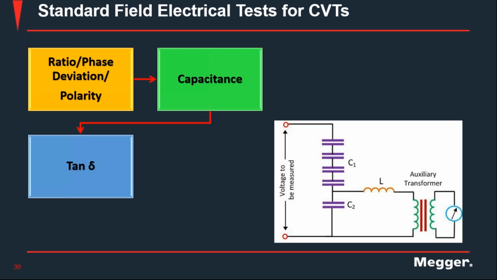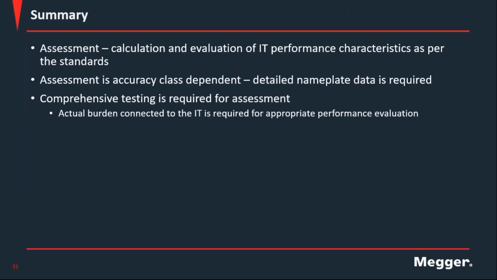So it adds a little bit of complication to the test, and you probably need to use an instrument that has a good voltage to excite these capacitances and generate induced voltage here. And then once you get the results, you can do the assessment, which applies very similarly to what we discussed.